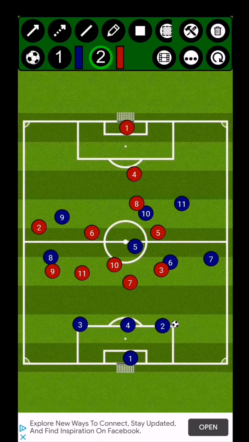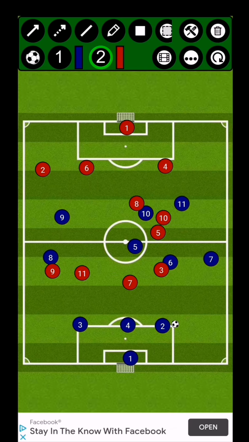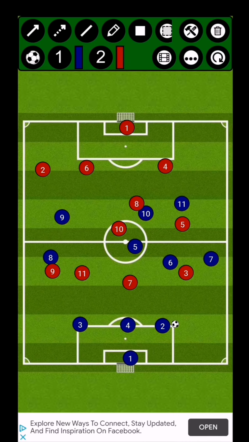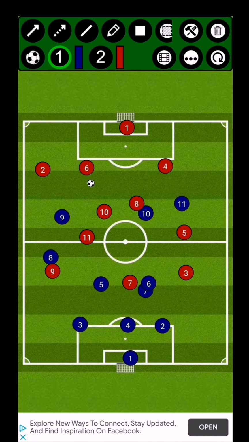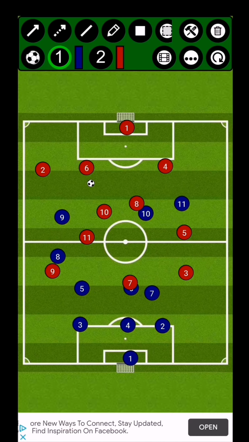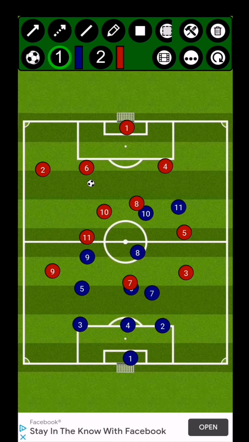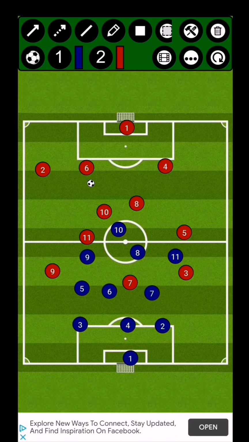Okay, now if we don't have the ball, and if the other team is, let's say, starting off with the ball, we want to tuck in as much as we can, as close as we can, because we are protecting our net and we're not letting them play anything through the middle close to our net.